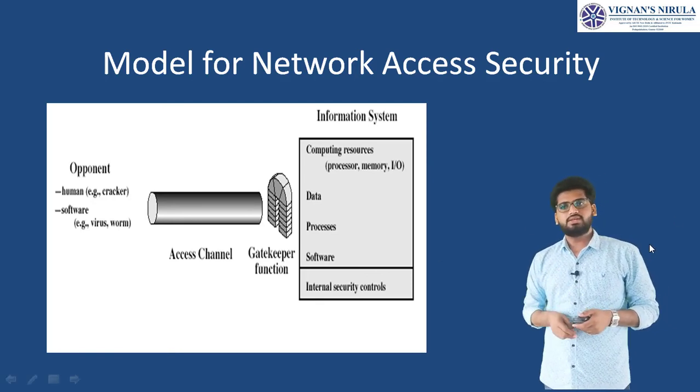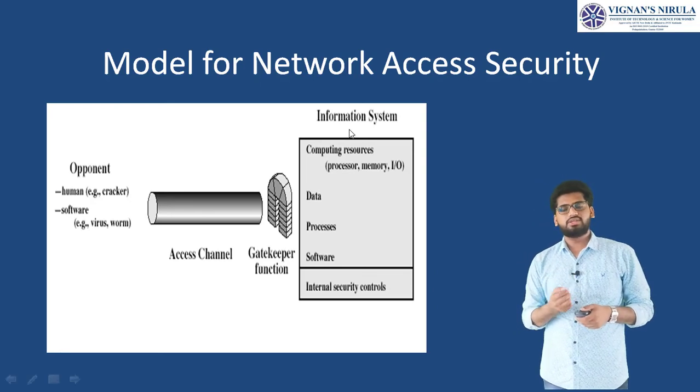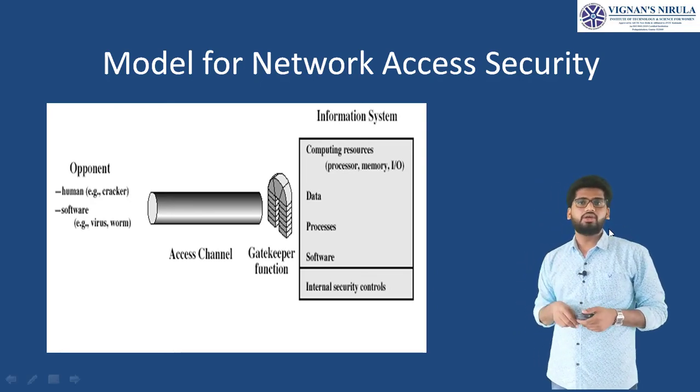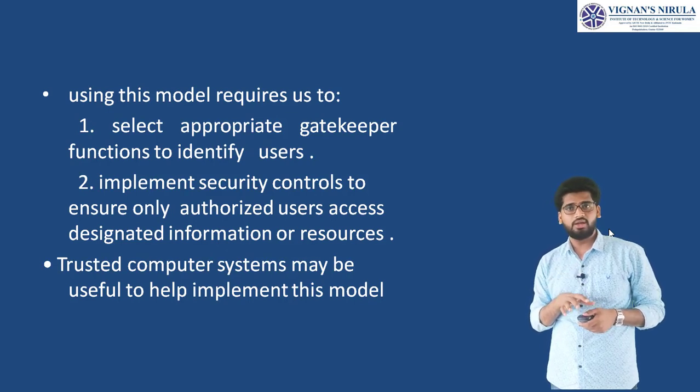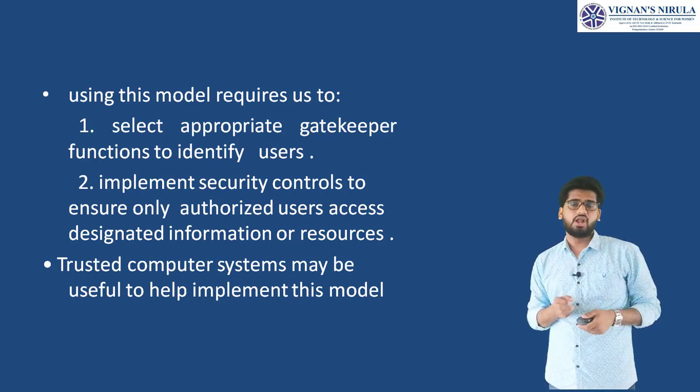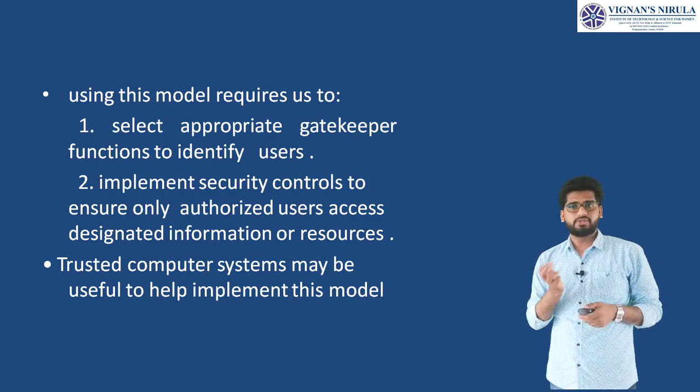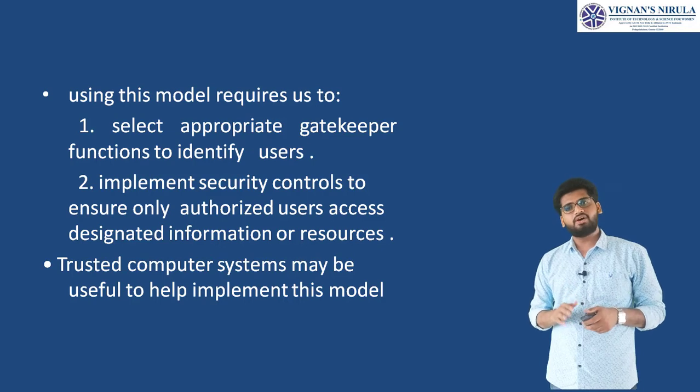Previously we were discussing the network security model, and now we are discussing the network access security model. In the network security model we discussed the operations done between the sender and receiver through the access channel. Now we are discussing the access security model: how to access the data from sender to receiver through the communication channel, and what security measures must be taken on the sender side as well as the receiver side.